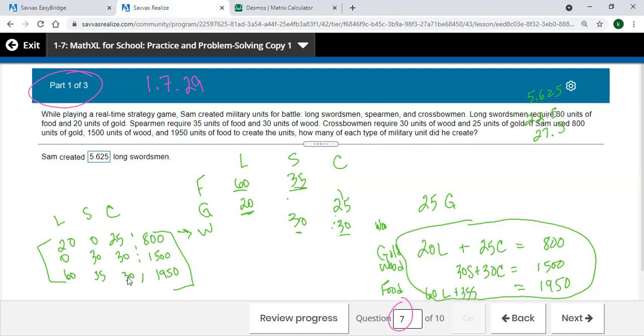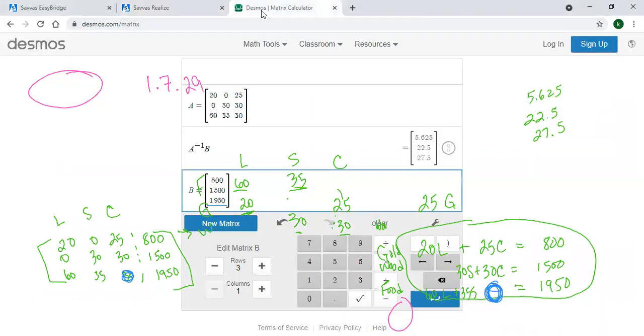Whoa, where'd this 30 come from right down here? This 30 right here is this 0 right here. So that's what I mean by don't give up, check on it. You can track it down. Go back over here to Desmos.